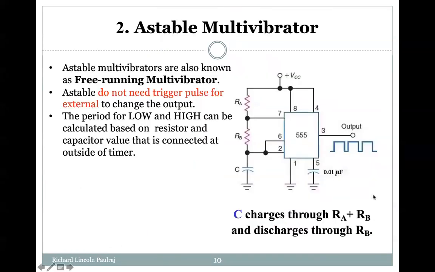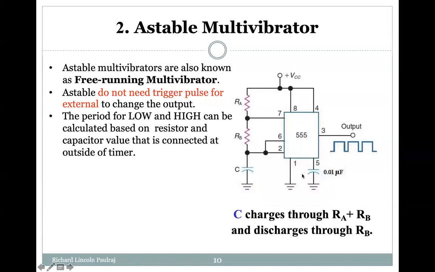Here pins 8 and 4 are connected to VCC and resistor RA. Since we do not have to give any trigger here, pin 2 is connected to the ground via the capacitor. My output, as usual, I'm going to take from pin number 3, and that is going to be a square wave.